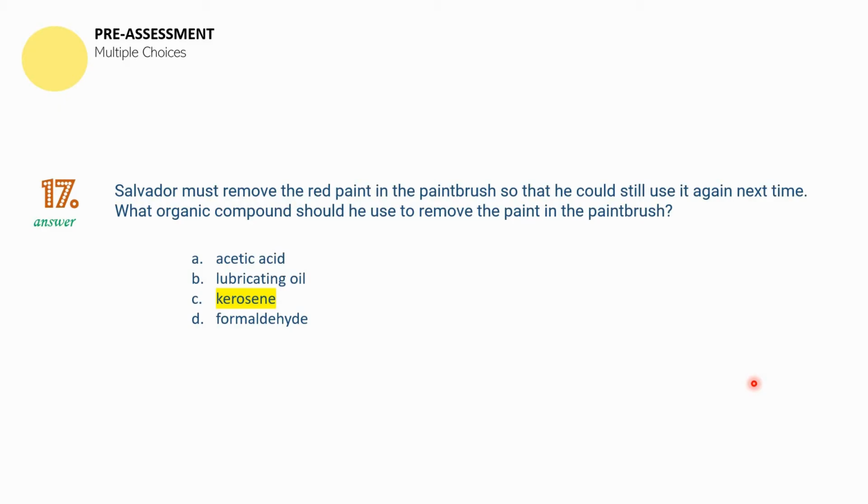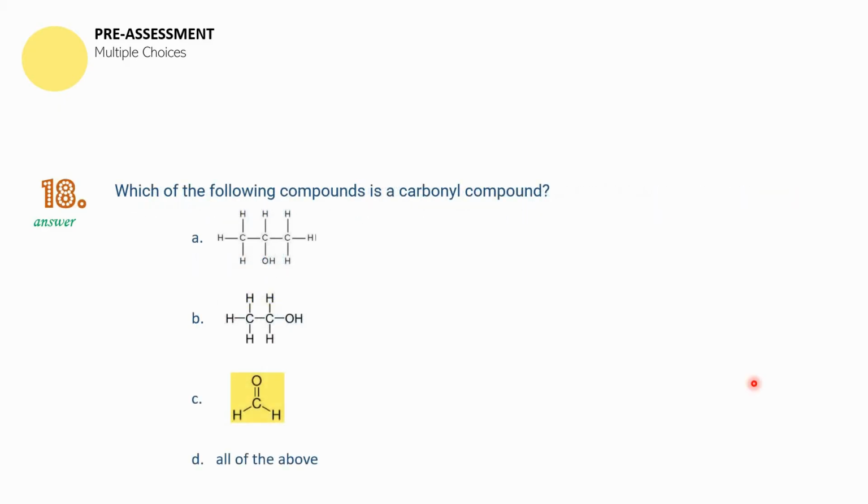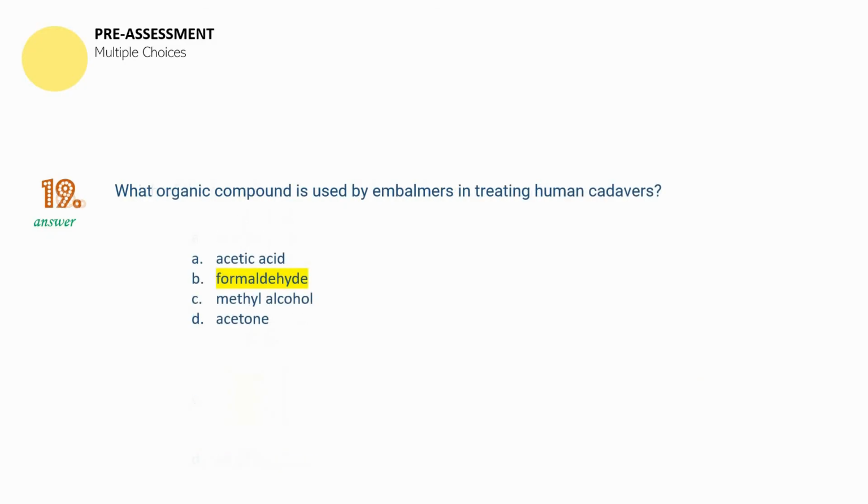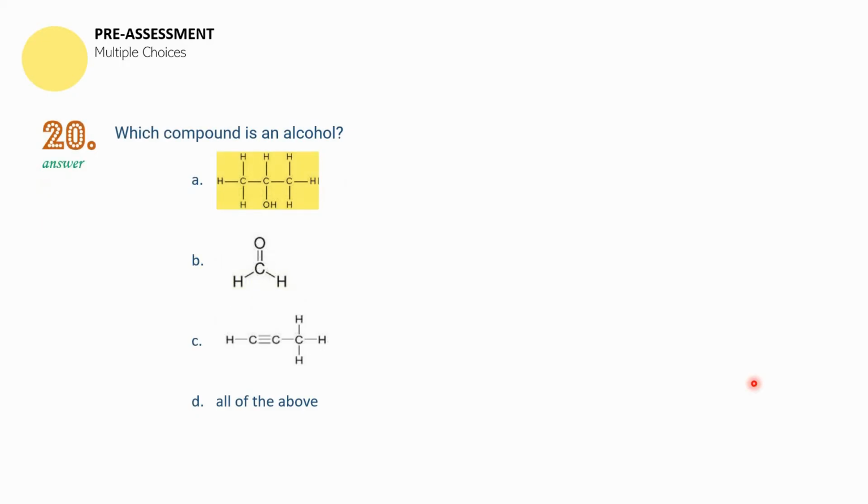The answer to question number 18 is C. The answer to question number 19 is B, formaldehyde, also known as formalin. The answer to question number 20, the last question, is A. Count the number of correct answers. The total number of points, the highest possible score, is 20.